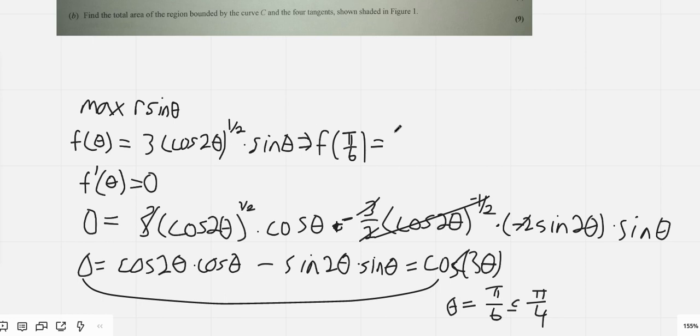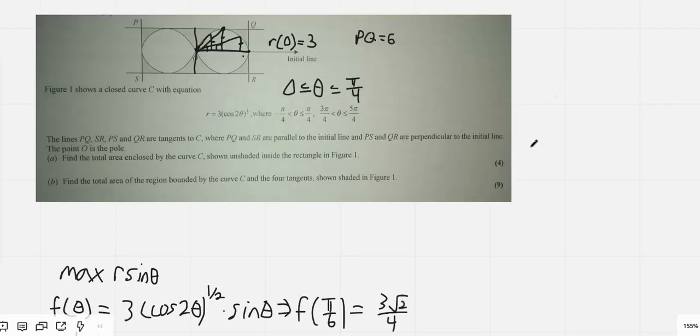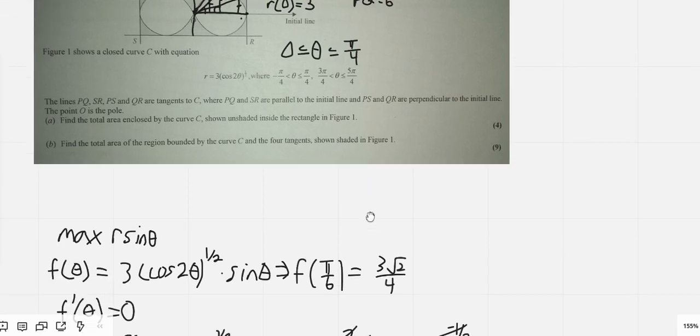So 3/2 times the square root of 1/2. After simplifying, we just get 3 times the square root of 2 all over 4. And so that is equal to, as we saw here, QR over 2.